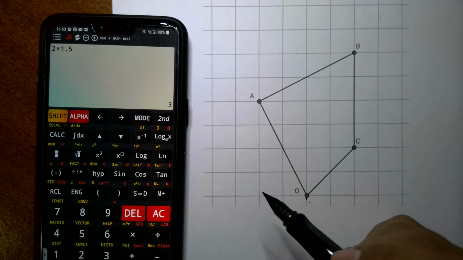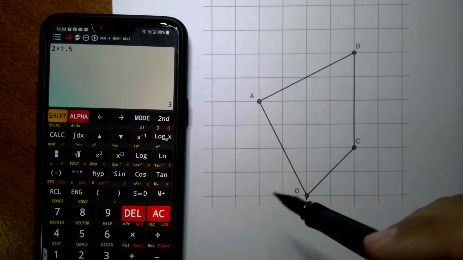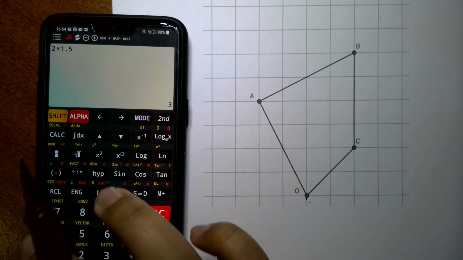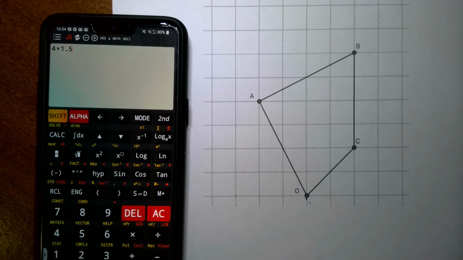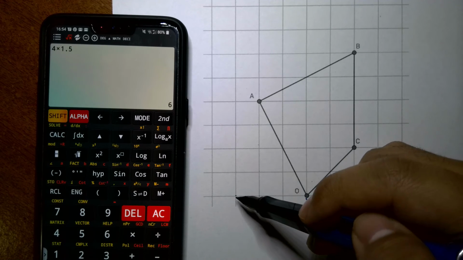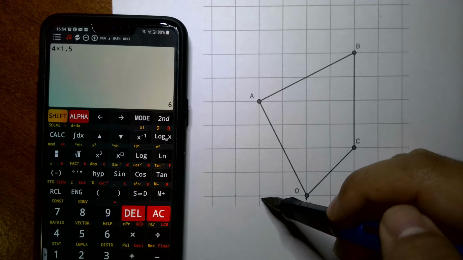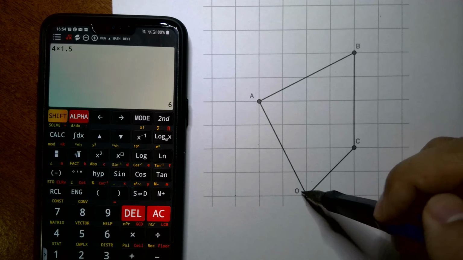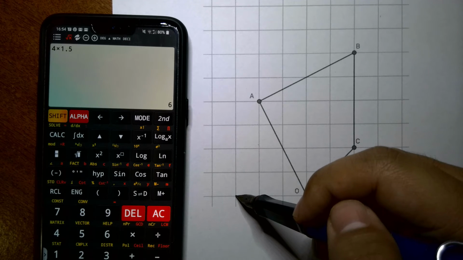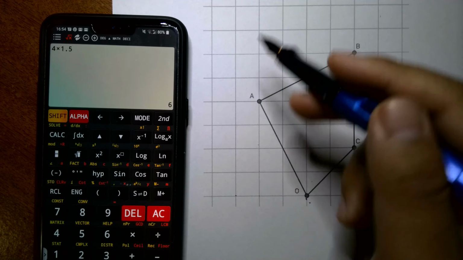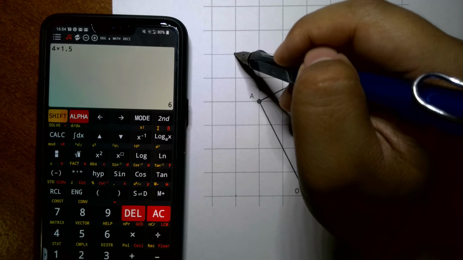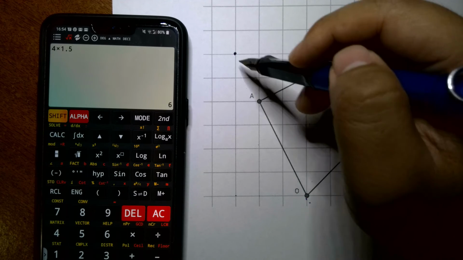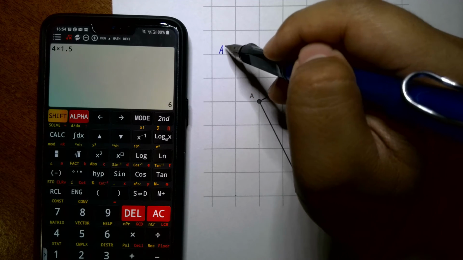I'm going to put a little dot here just to remind myself. And then 4 up. 4 up times 1.5 becomes 6 up. So 2 across, 4 up times 1.5 becomes 3 across and 6 up. 1, 2, 3, 4, 5, 6. That is now point A dash.